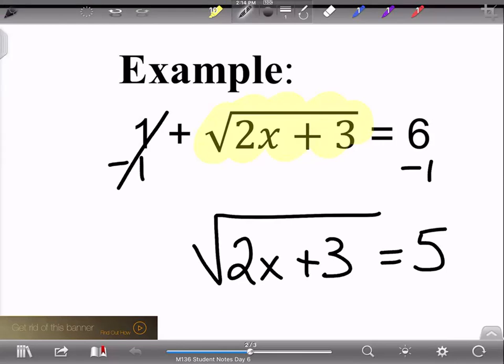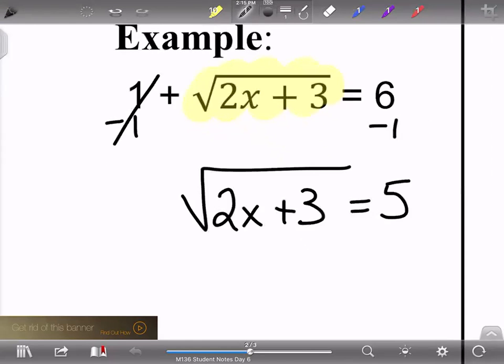And that's going to give us the square root of 2x plus 3 equals 5. At this point, we've isolated our radical.